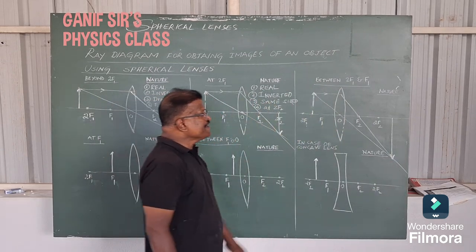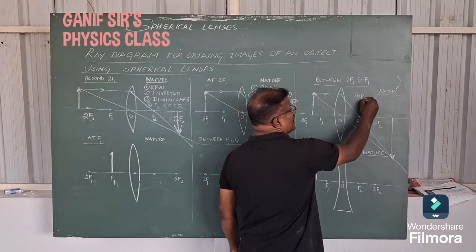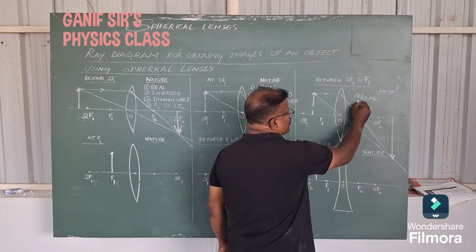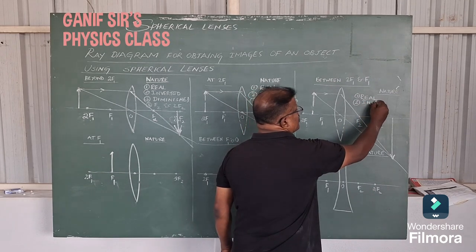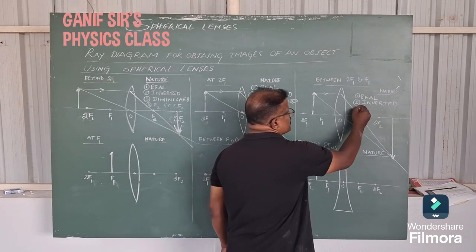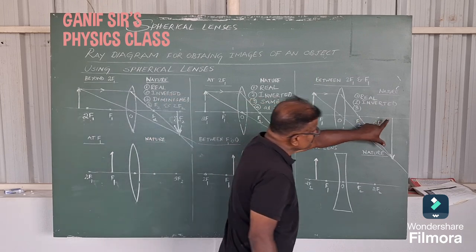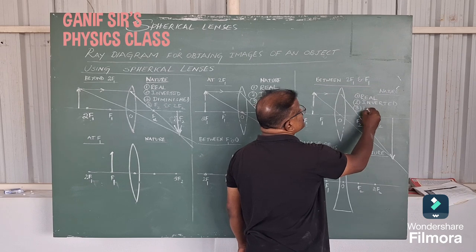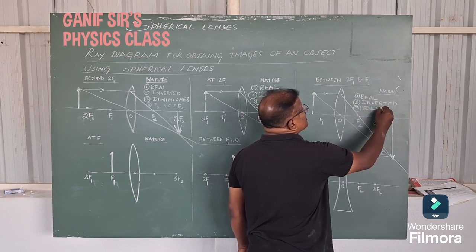The first nature of the image is that it is real. Second, it is inverted, of course. Third, the size of the image has been increased, meaning the image is enlarged or magnified.